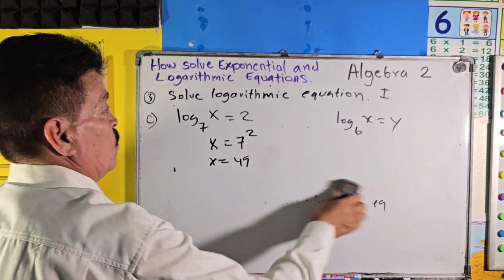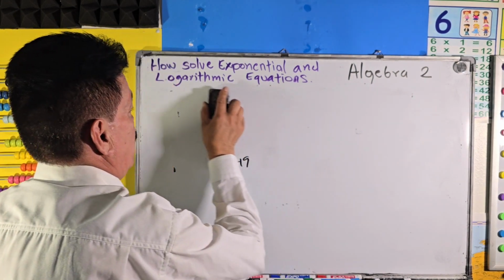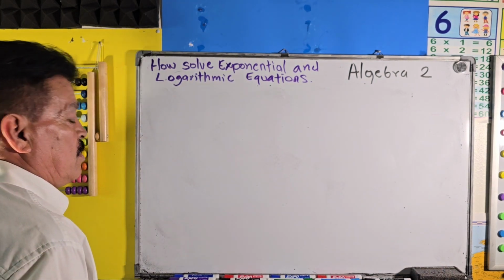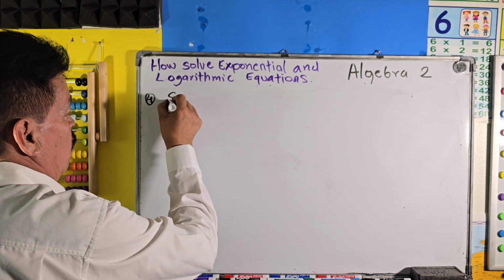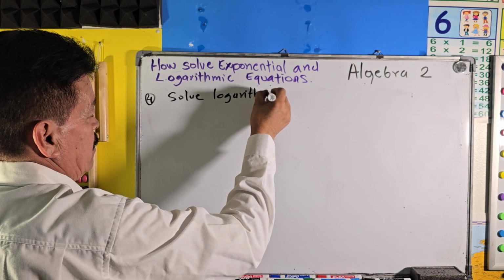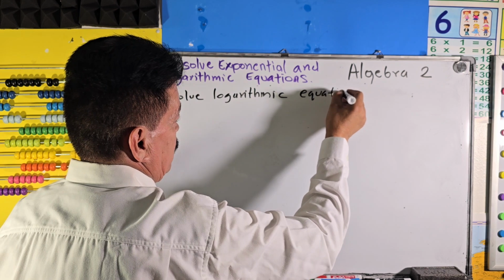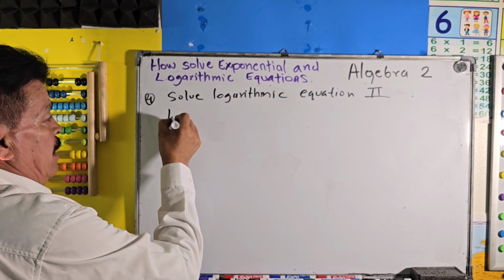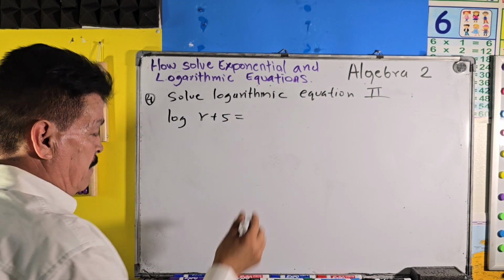Let me show you one more section. It's a little more complex, but it's not complex since you got it. This is problem 4. Now solve the logarithmic equation. So level 2. It is the same, but look at this. Remember the first one, now it's log r plus 5 equals 7.